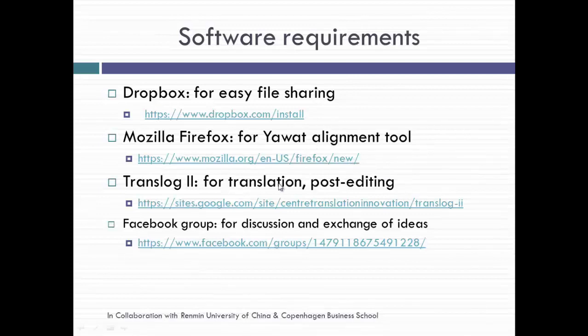The third software, which is the most important one, is Translog, and this is a translation tracking software. It tracks the translation activities that are done in the computer. For example, pressing a keyboard key, it will be recorded.